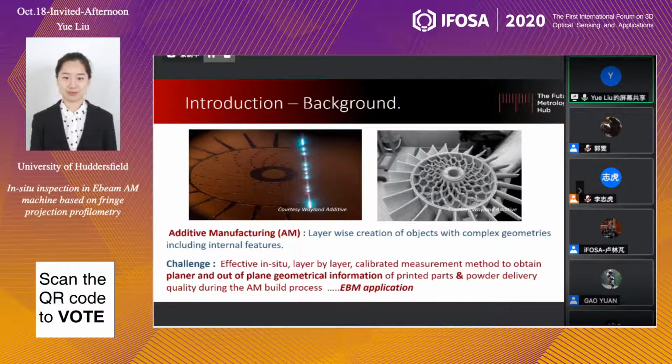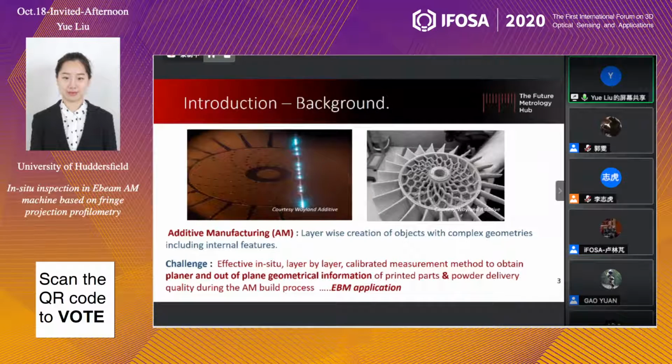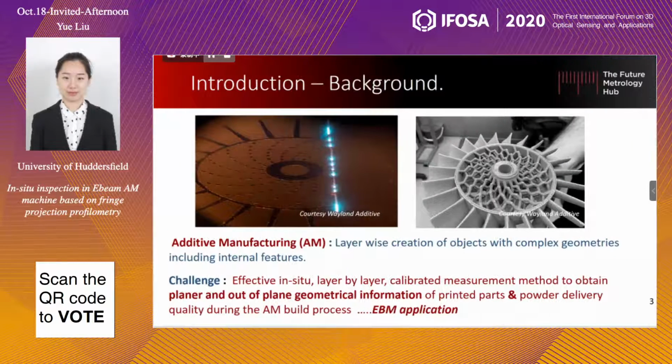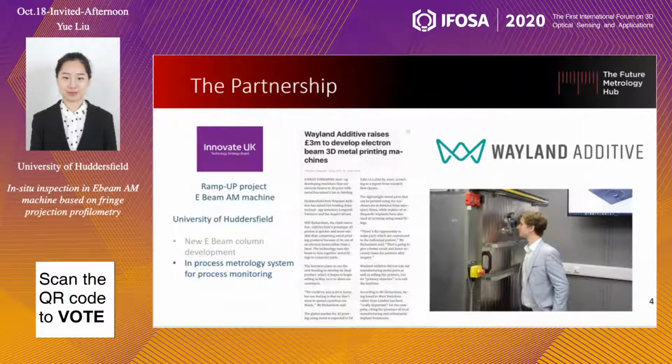It allows us to look at quality during the AM build process, in our case in a new electron beam machine. This project is developed under Innovate UK funding between the University of Huddersfield and the UK company Wayland Additive, who developed a new electron beam additive manufacturing machine with several new concepts.